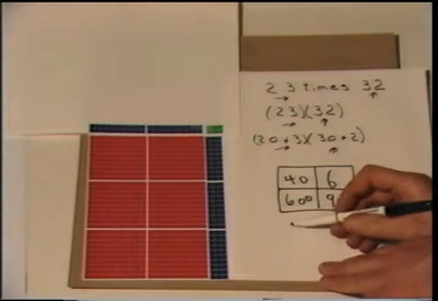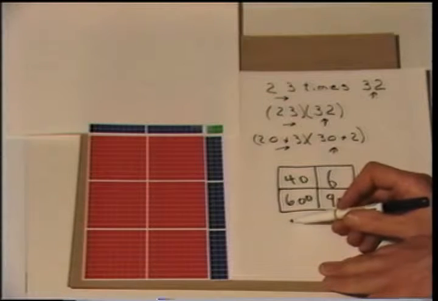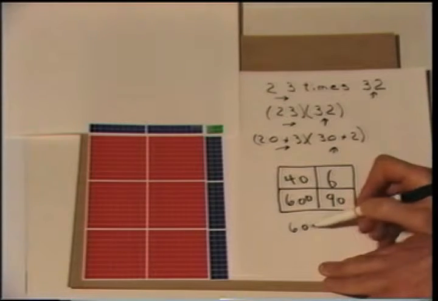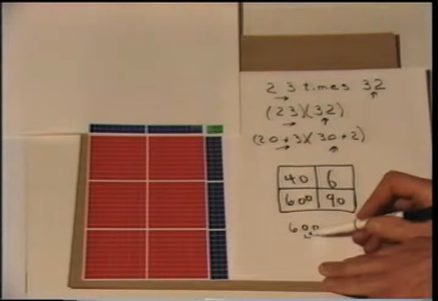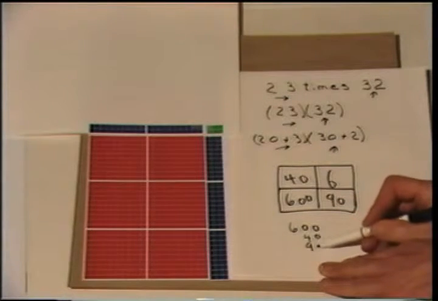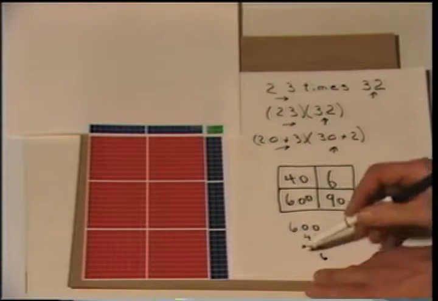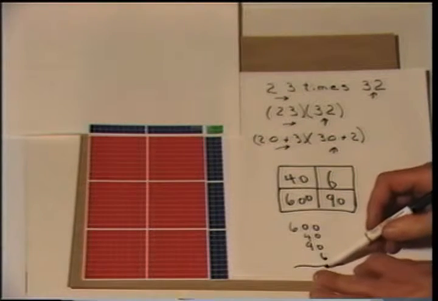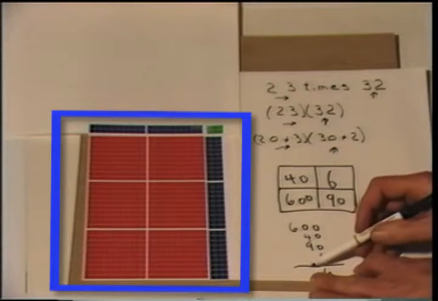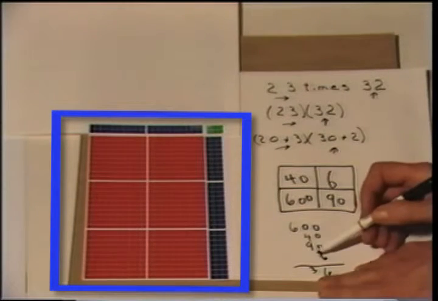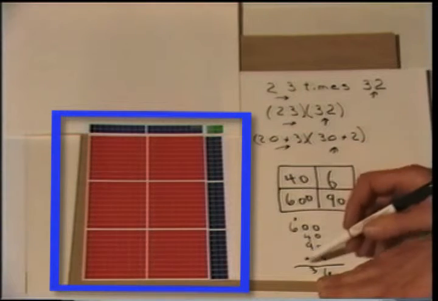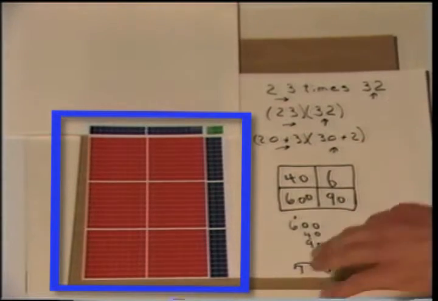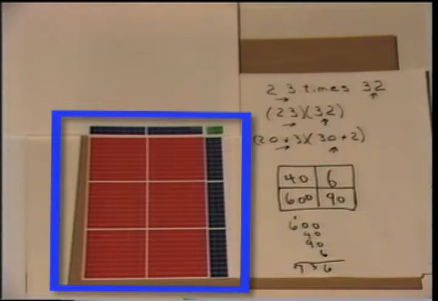How much do I have? I can just add them all up here. I have 6 hundreds, 4 tens, 9 tens, 6 units. I have 6 units, 13 tens, which we know is the same as 3 bars of 10 and 100, 736.